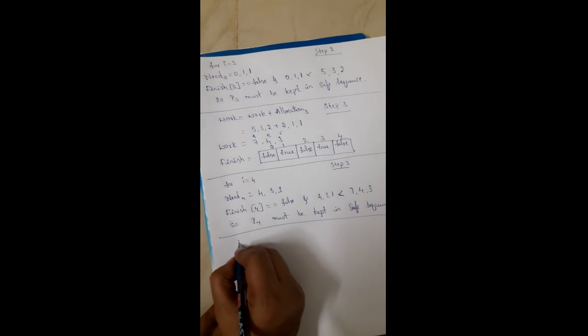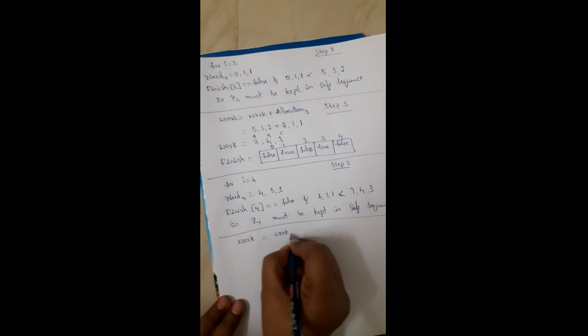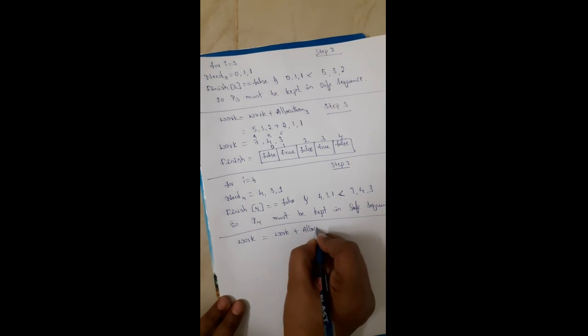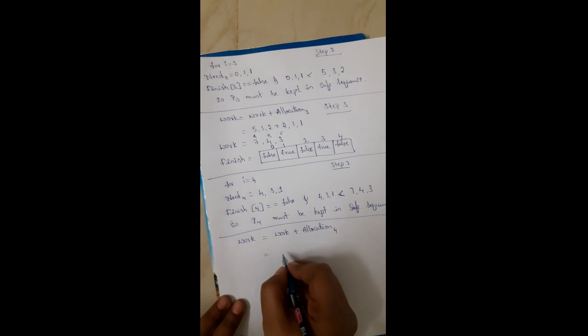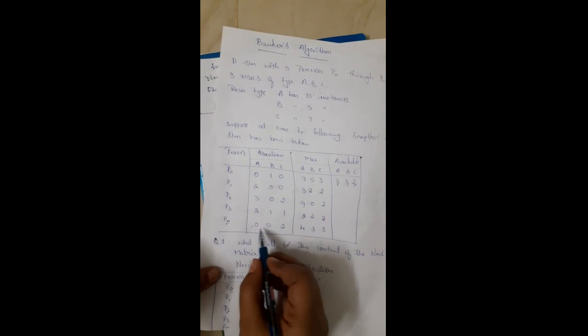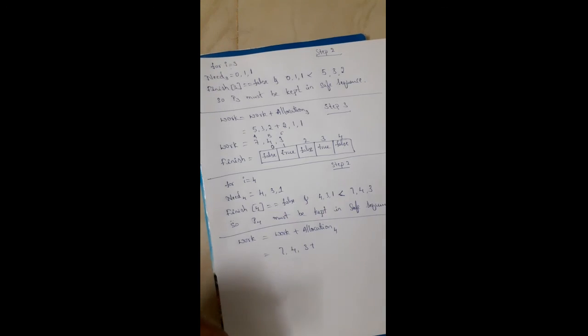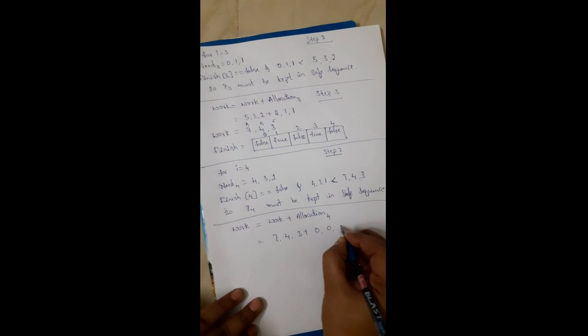Next, move to step number 3. Now work is equal to work plus allocation of 4. So now work value is 743 plus allocation of process P4. Allocation is 002. So that I am writing here 002.